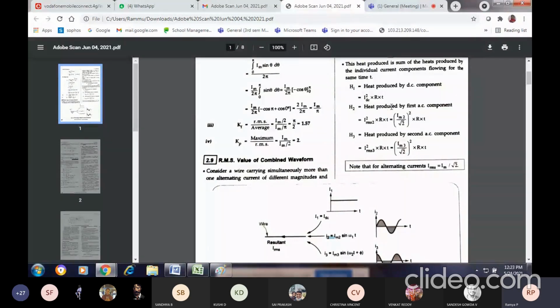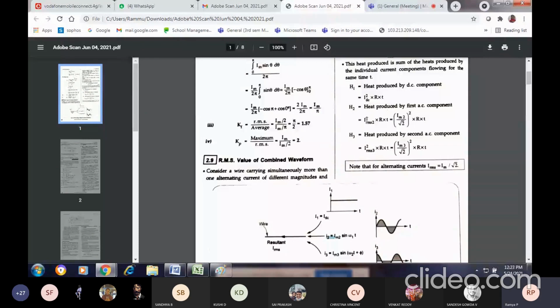Whenever we speak about AC, the current is always measured in terms of RMS value, right? The heat is produced just because of the movement of charges in a conductor having an internal resistance, with respect to the time period. So I can write it as I square RMS2 into R into T.